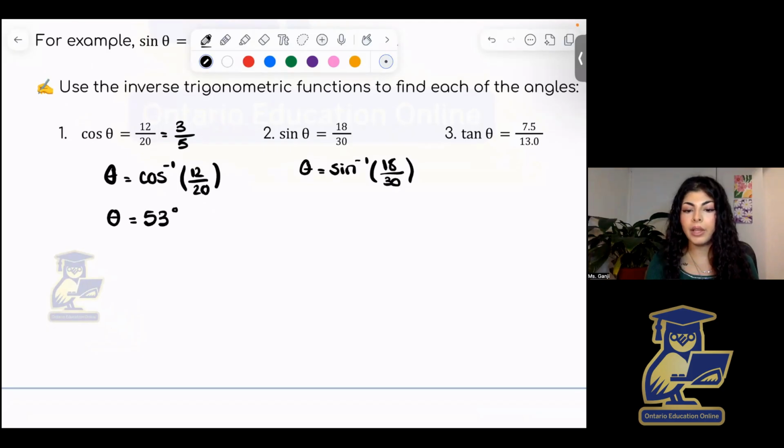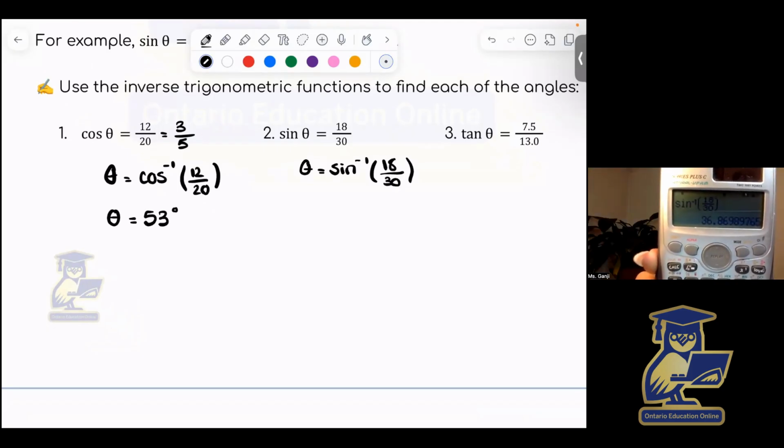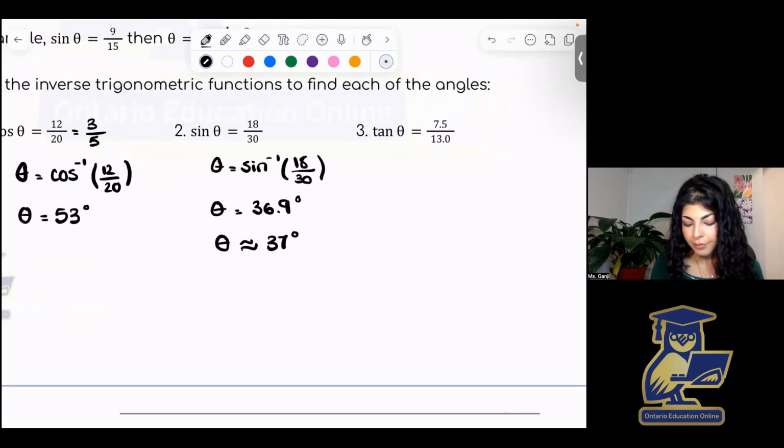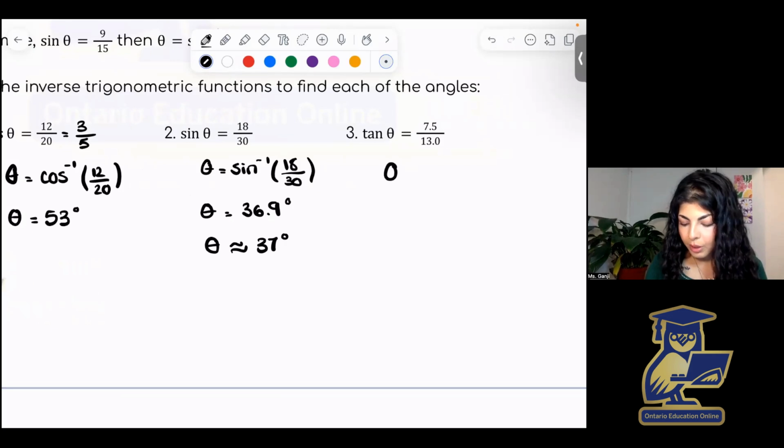And if I evaluate this, I get 36.9 degrees, or we can say approximately 37 degrees there. Now, next one, tangent: theta is going to be tangent inverse of 7.5 over 13.